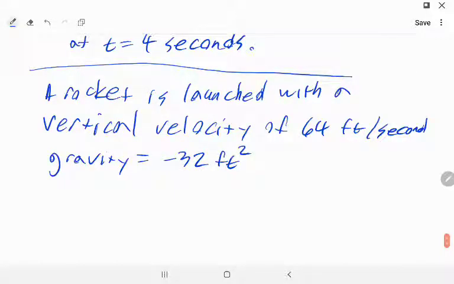One of the classic questions is, when will the rocket land?